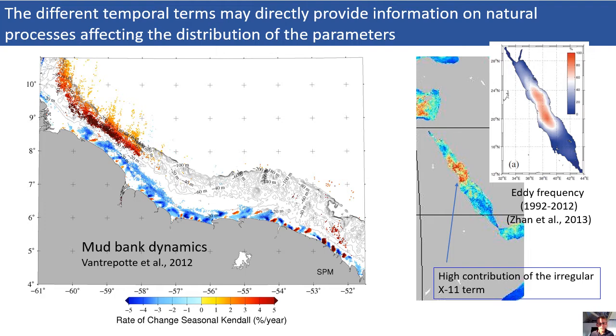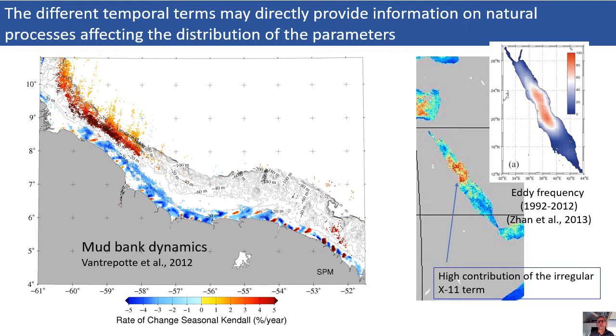For example, here on the left side, you have the map of the Kendall slope, showing that the Kendall slope patterns of SPM along the French Guiana coast exhibit a succession of increasing areas in red and decreasing areas in blue, illustrating the migration of mud banks coming from the Amazon River estuary.